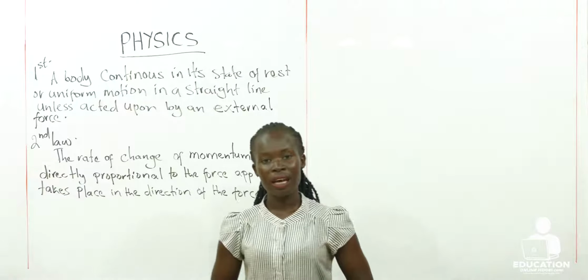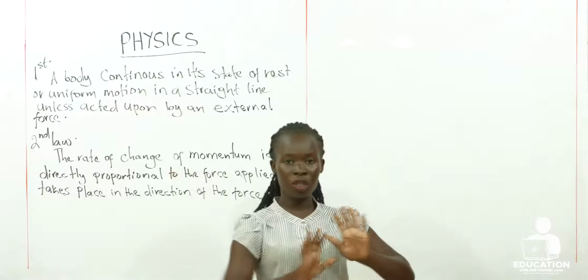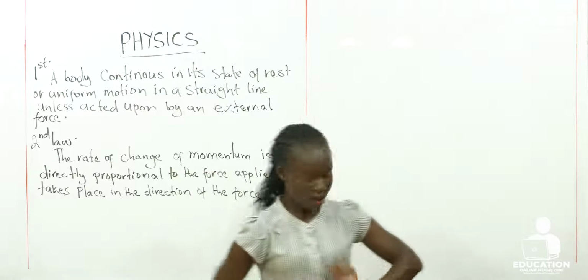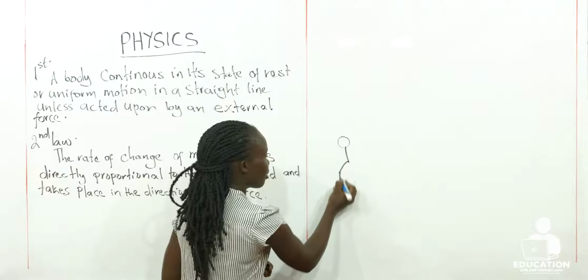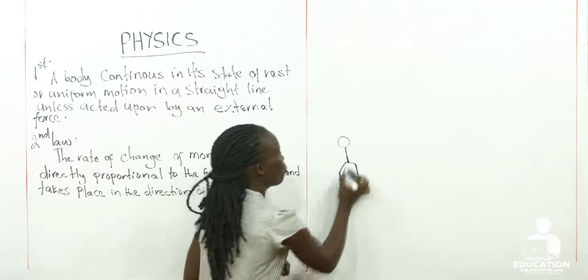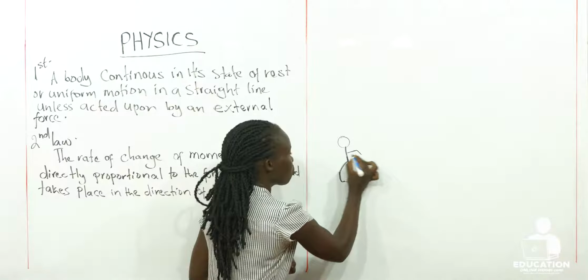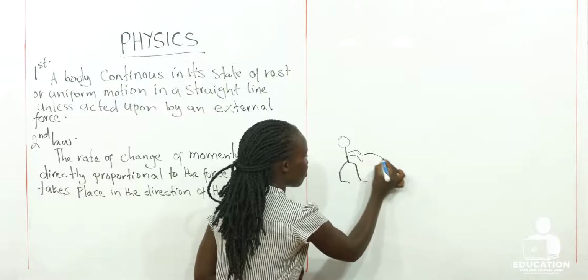Where we say that when you push something, let me give an example. Like you're here. I assume this is you. So you're trying to push a wheelbarrow. This is the handle of our wheelbarrow.